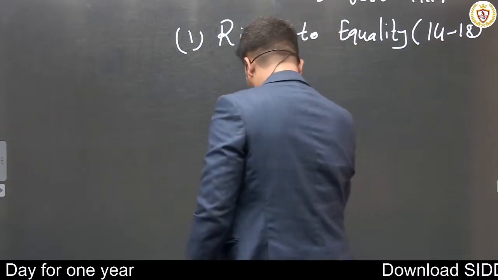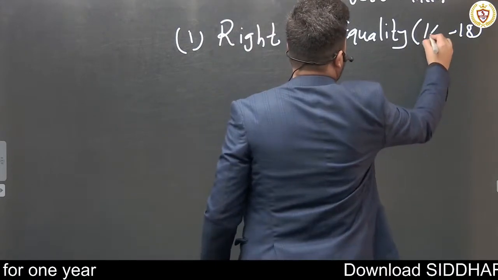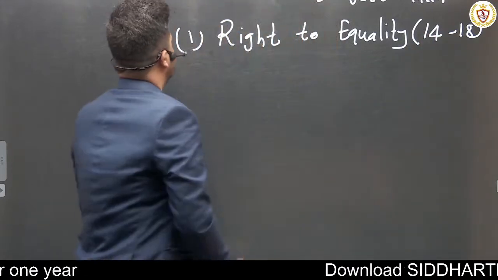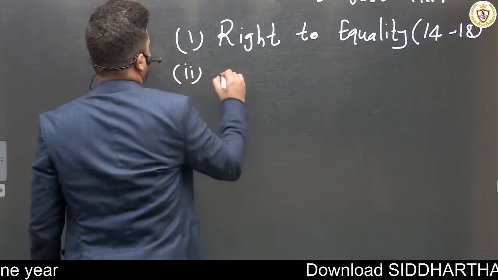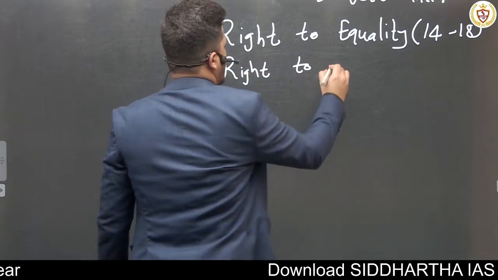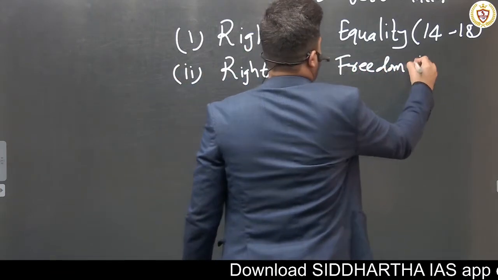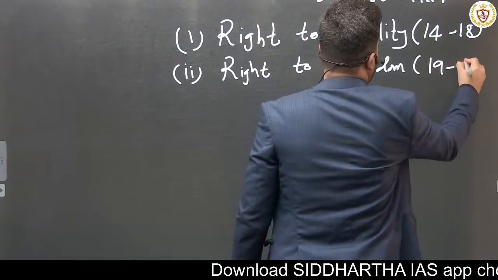ठीक है यार ये 4 ऐसा क्यों आ रहा है. 1 4 yes. Second, right to freedom from articles 19 to 22. Write down.